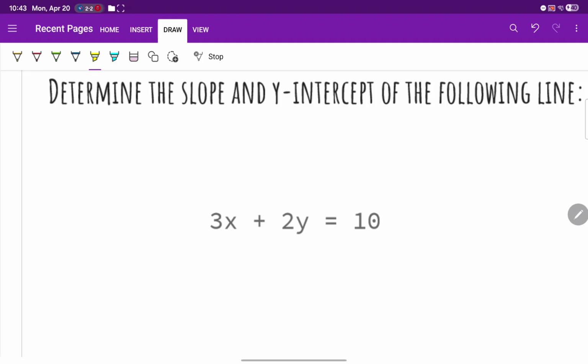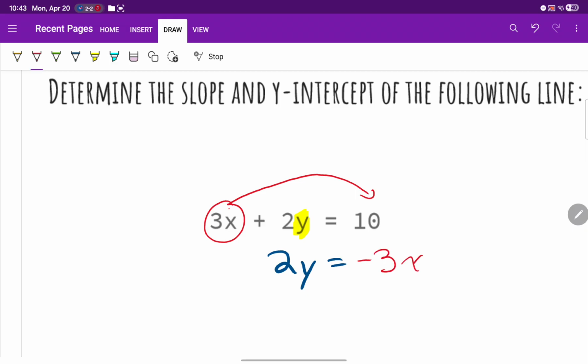It means I need to move everything except the y. I'm going to take my 3x and move it over to the other side of the equal sign. 2y did not move. When that 3x moved, it becomes a negative 3x. And that 10 did not move. It's just going to remain as plus 10. Now my last step here is to divide by the number in front of the y.